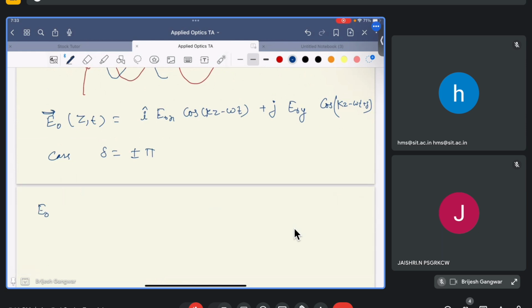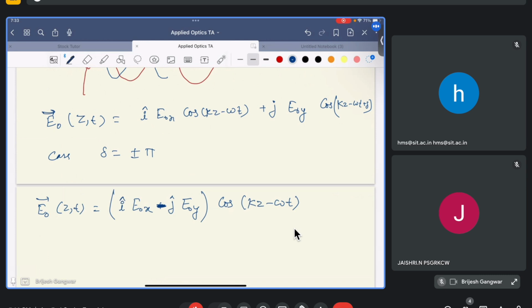Then you can write E(z,t) as something like i cap E0x plus j cap E0y, for pi and minus pi, then this will be minus cos. So here it will be minus, this will be common and this term will be the same for both terms, something like that, kz minus omega t.